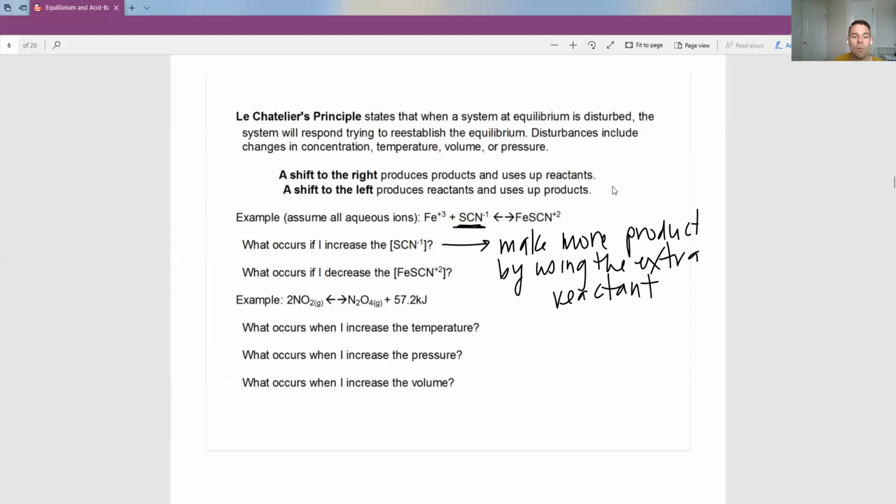So now if I want to decrease the concentration of this iron compound here, what I need to do is shift to the left. Shift to the left will use up. Oh wait, no, I read that wrong. Sorry.